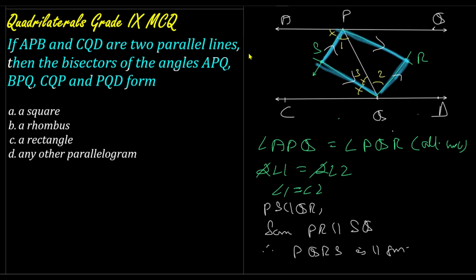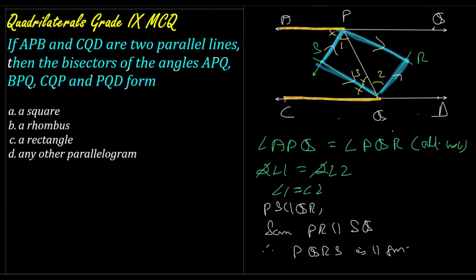But the final result is not this. As I said, it's a rectangle. So for that, I'll have to do one more step. Check here. You can see that this line is given parallel to this. Considering these two as the transversal, this whole angle and this whole angle will be supplementary.